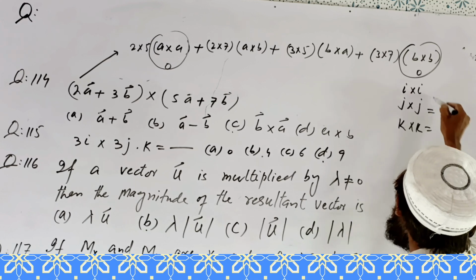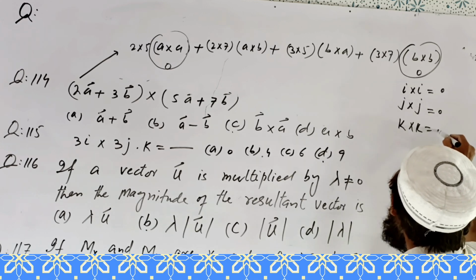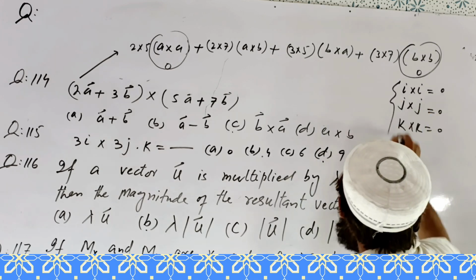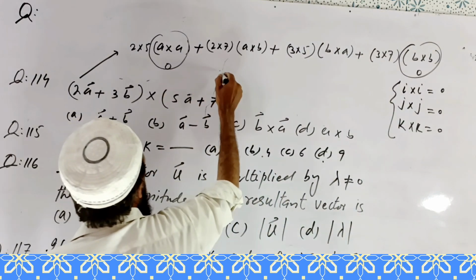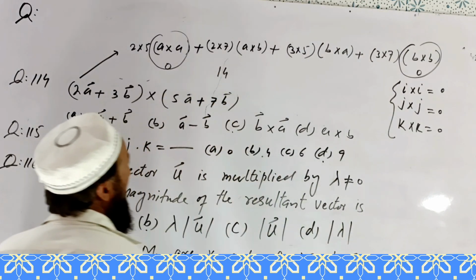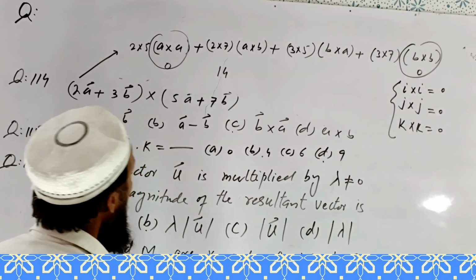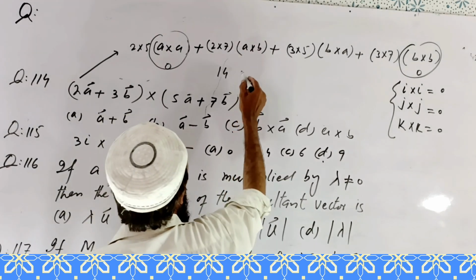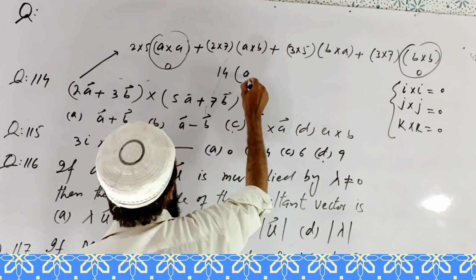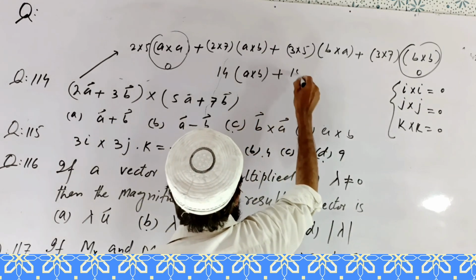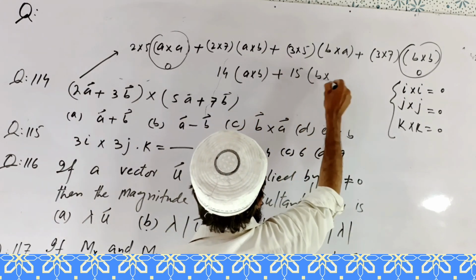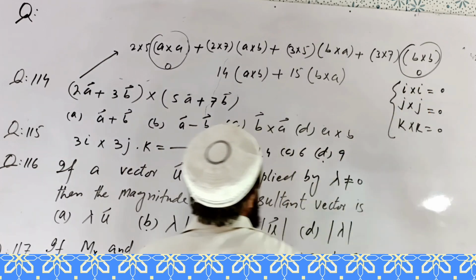These all results are 0 according to the vector product or cross product. So this is 0, we get here 14 a cross b, and here 15 b cross a, and this is also 0.